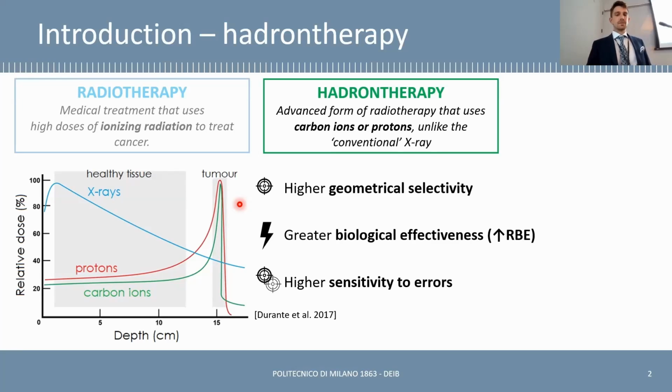But of course, this nice plus in hadron therapy comes with a great drawback, and this is the higher sensitivity to errors, which leads to the necessity of taking this into account during treatment.